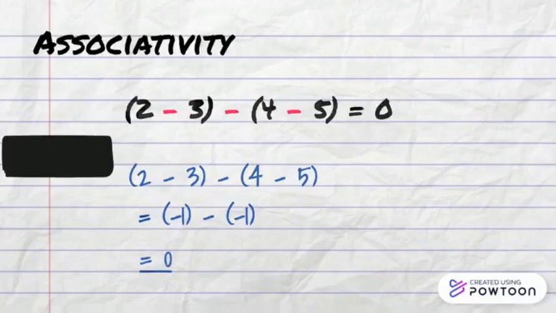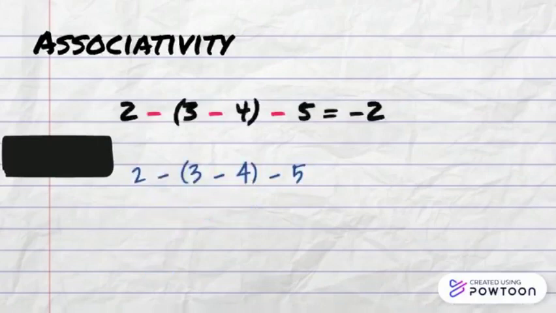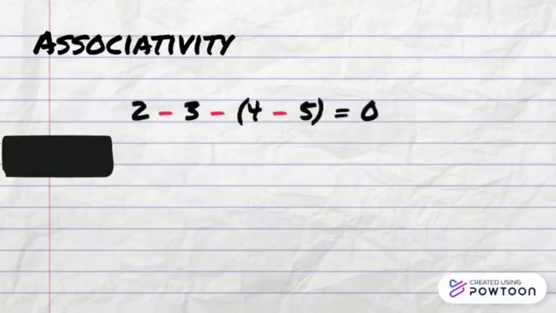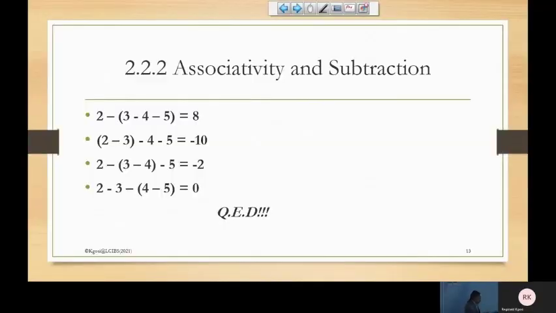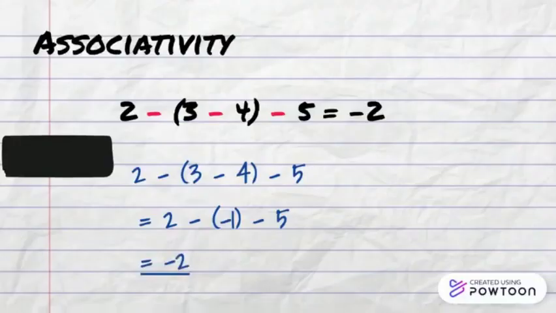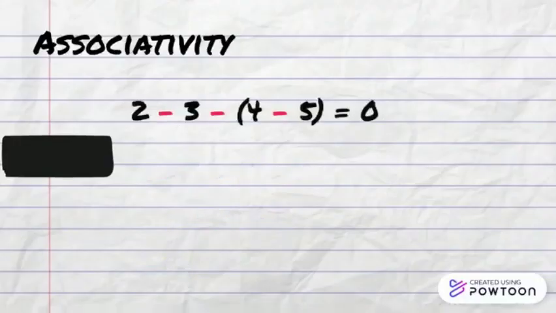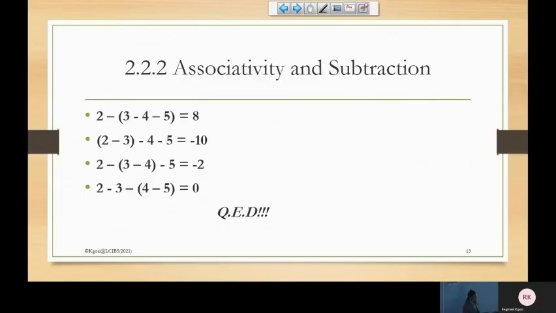The third one there, we start with what's in the brackets. That is 3 minus 4. That is negative 1. So you have your negative 1 there. Then you say 2 minus negative 1. 2 minus negative 1 means 2 plus 1. That is 3. And then that 3 minus 5 gives you negative 2.